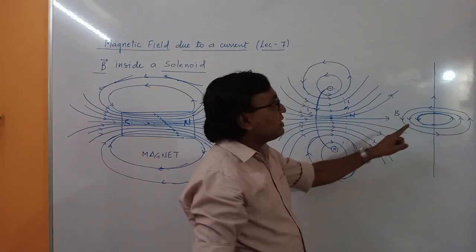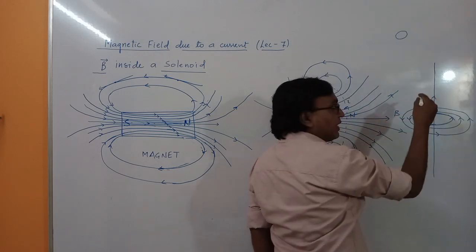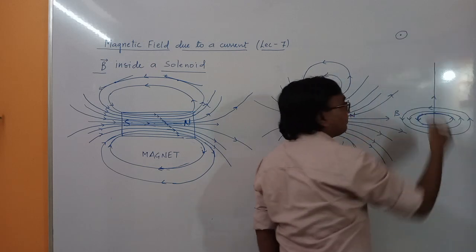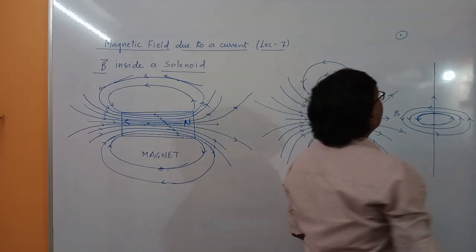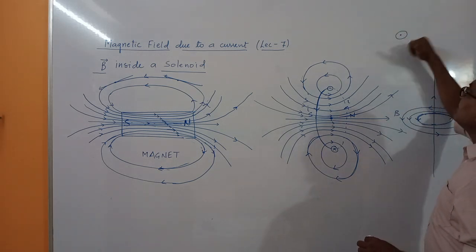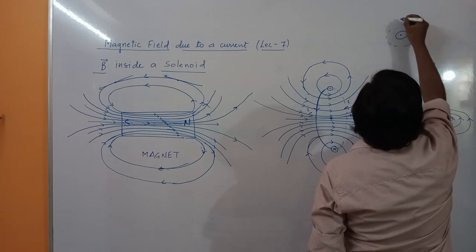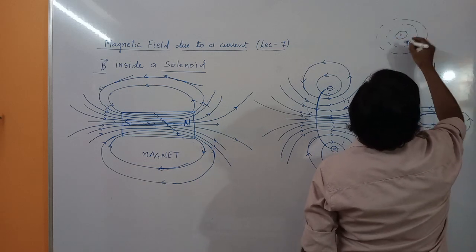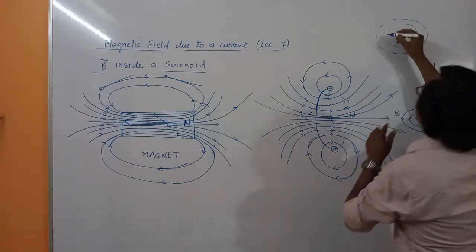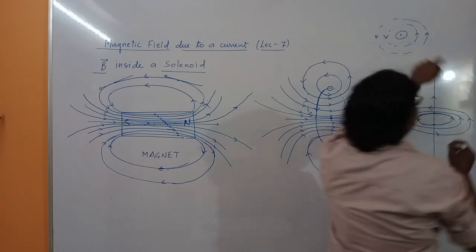Now suppose you take this current carrying wire perpendicular to the board, and the current is coming out. Then the magnetic field lines will be concentric circles. So current is coming out, so the magnetic field lines here will be in the downward direction, and here in the upward direction in the plane of the board.